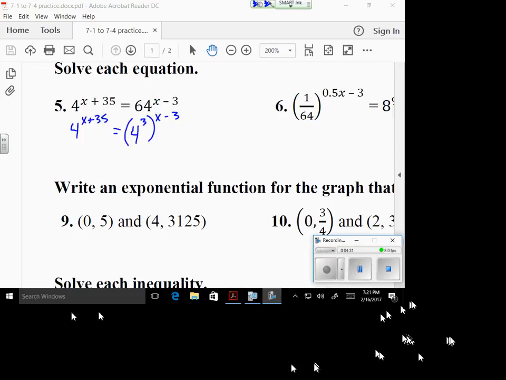Number 5, we have to get like bases. Since 64 is equivalent to 4 to the 3rd, we'll replace 64 with 4 to the 3rd, and then we'll multiply our exponents together, and we'll get x plus 35 in the exponent. Make sure you multiply 3x minus 9 as well, so then you can drop the bases off.